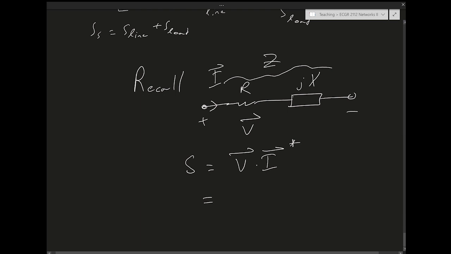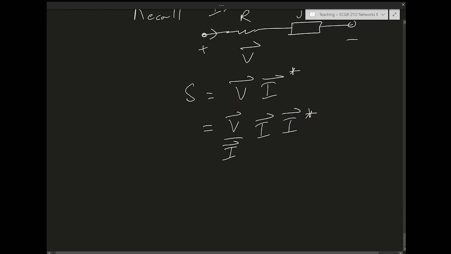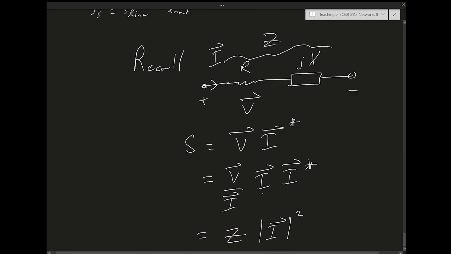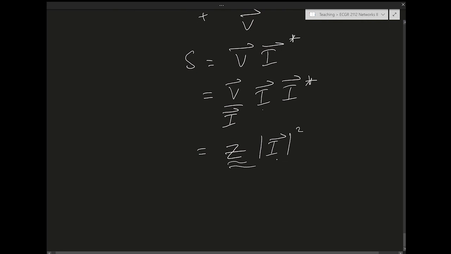What I can do is multiply this by I over I, so I end up with V over I times I conjugate. I didn't change a thing, I just multiplied by I over I. Now what's V over I? V over I is Z. What's I times I conjugate? A complex number times its conjugate is always its magnitude squared, so this equals the magnitude of I squared. So S going through an impedance is just the impedance times the current going through the impedance squared.